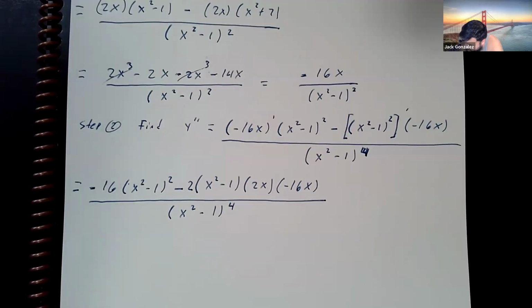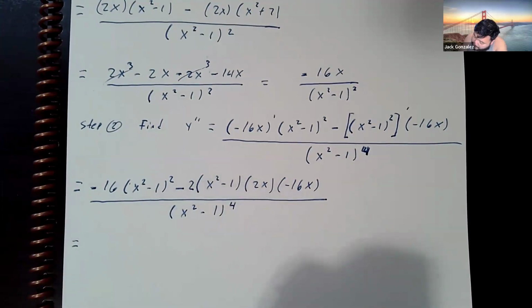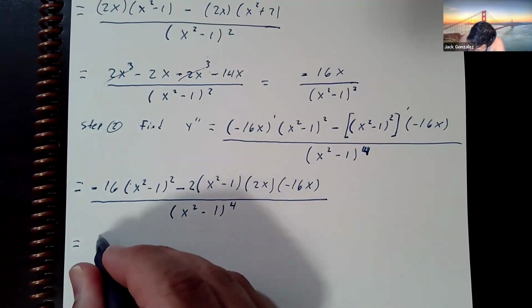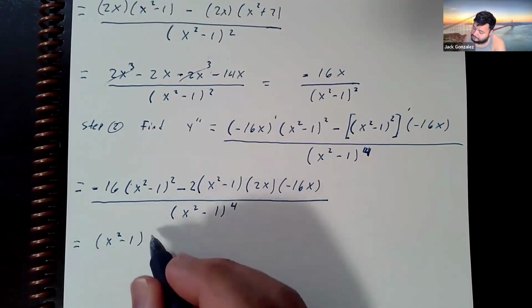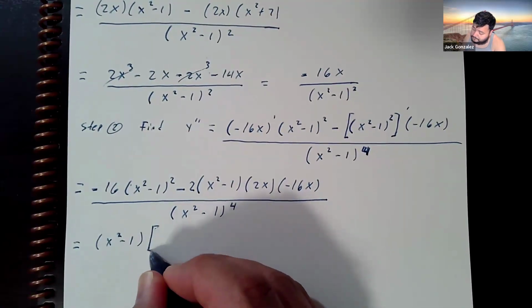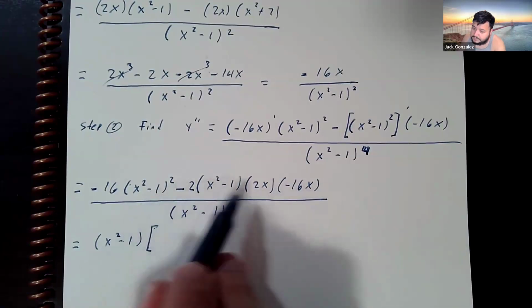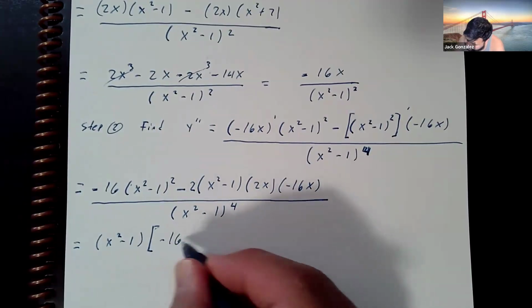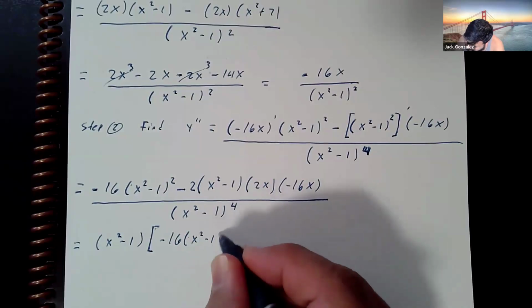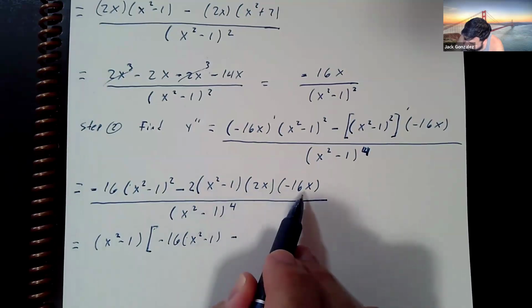Is there any way to make this pretty? Oh wait, you could factor. If I factor this out of both of these terms, I'll be left with negative 16 times (x squared minus 1), minus 2 times 2 times negative 16.